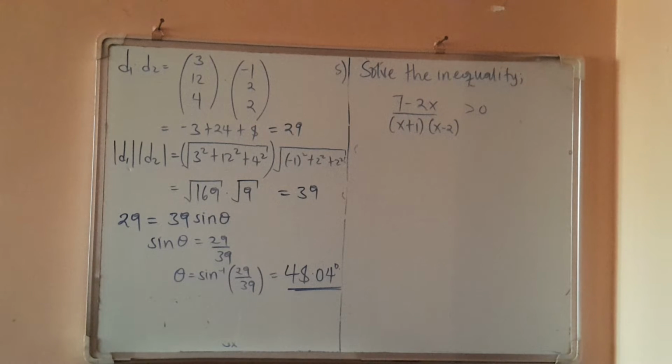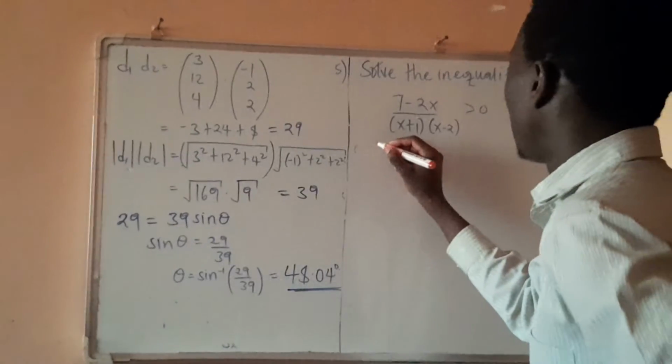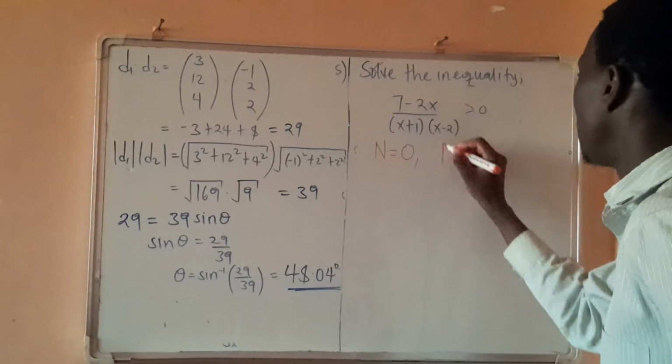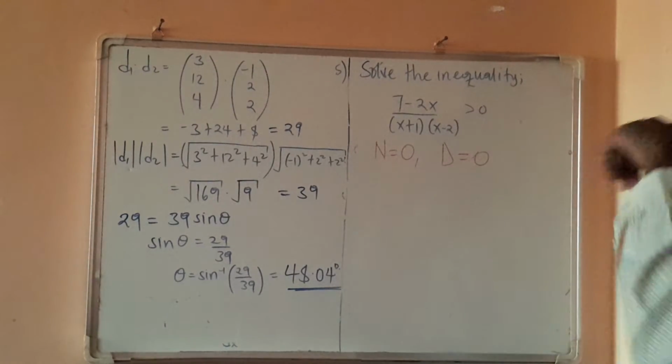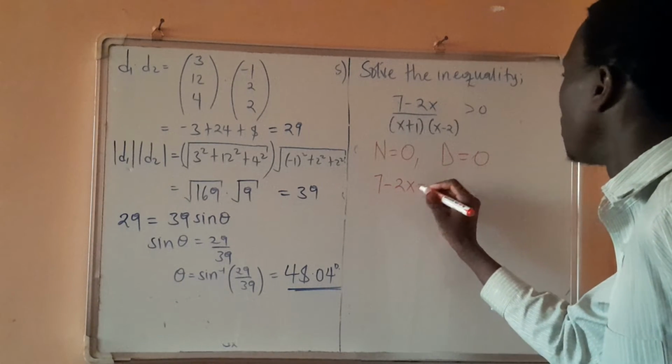To solve that inequality, we can first obtain what we call critical points. Critical points are the ones which determine where that inequality will be defined. To obtain the critical points, you equate the numerator to 0. You also equate the denominator to 0. So the numerator is 7 minus 2x equals 0.